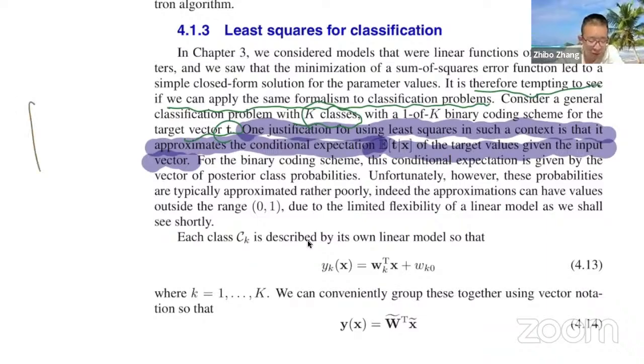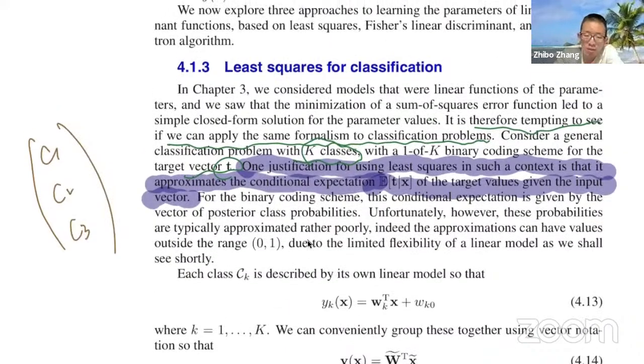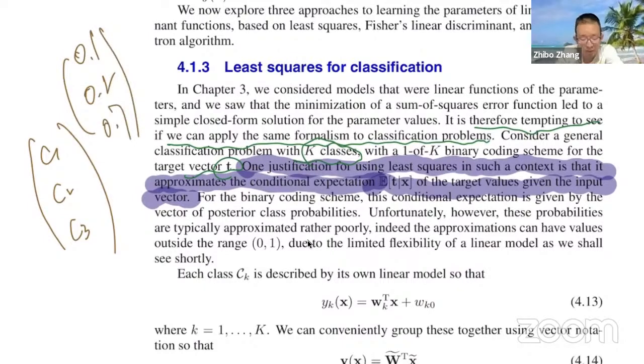So perhaps if we have three categories, C1, C2, C3, we want a posterior probability that this input corresponds to each category: 0.1, 0.2, and 0.7. The three sum to 1, right?